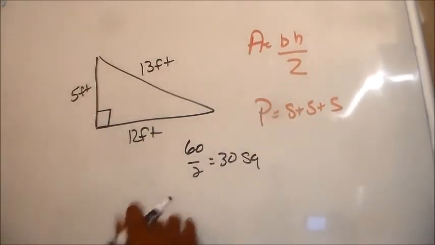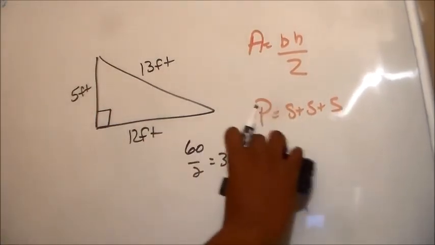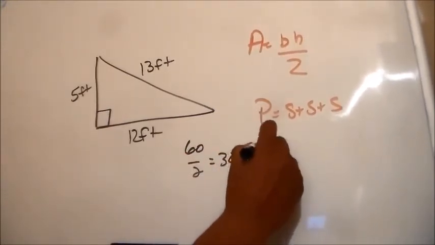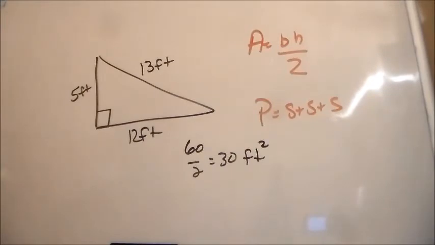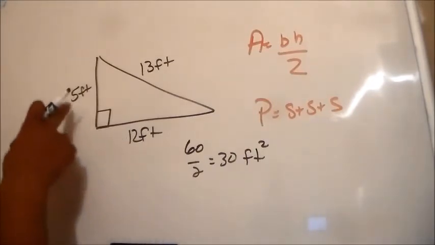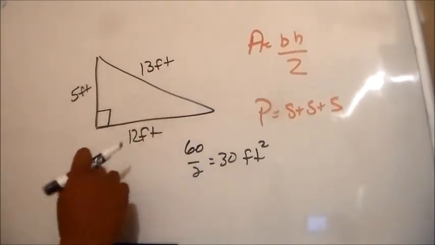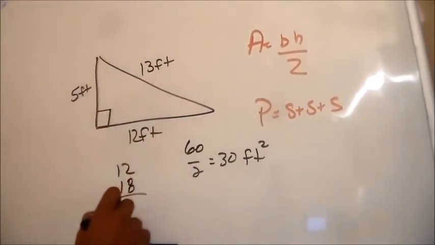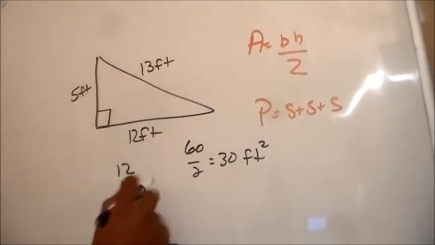Or we could put FT raised to the second power, that's square feet. 30 square feet. The perimeter is side plus side plus side. 12 plus 18. I just added the 13 and the 5. We're going to get 30 feet.